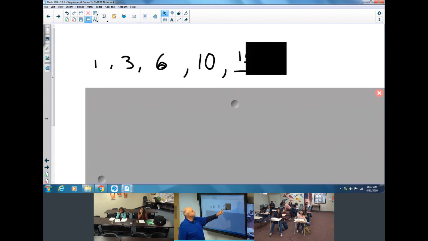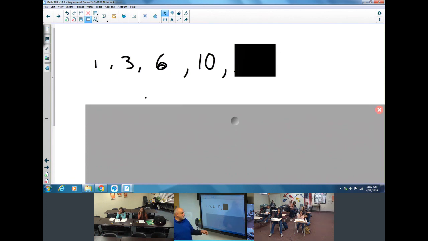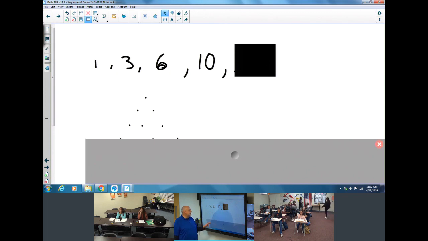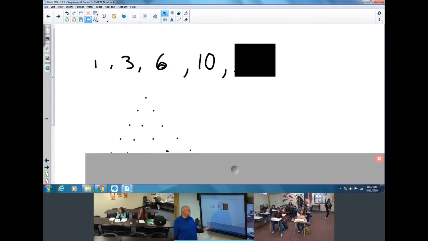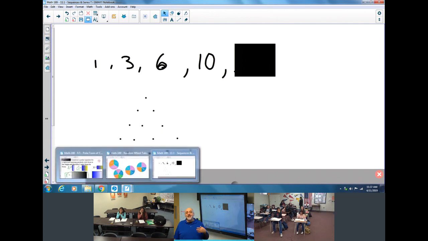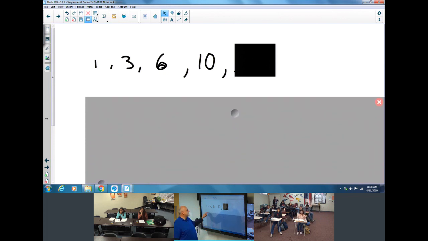There are also geometric patterns: a pattern of 3 dots forms a triangle, then 6 dots, 10 dots, 15 dots. So the same pattern can be shown geometrically. In ancient Greece, they called these triangular numbers because they could make triangles out of the points.